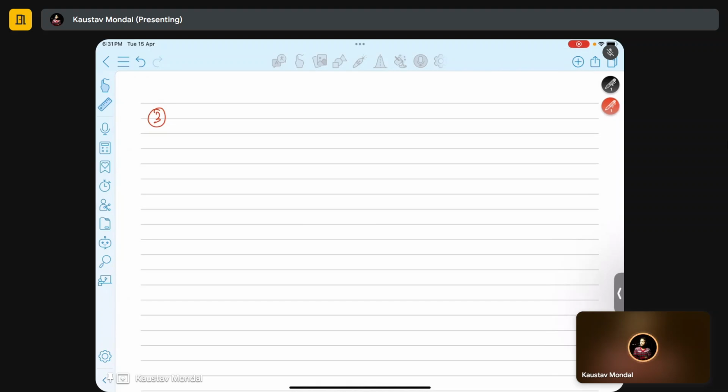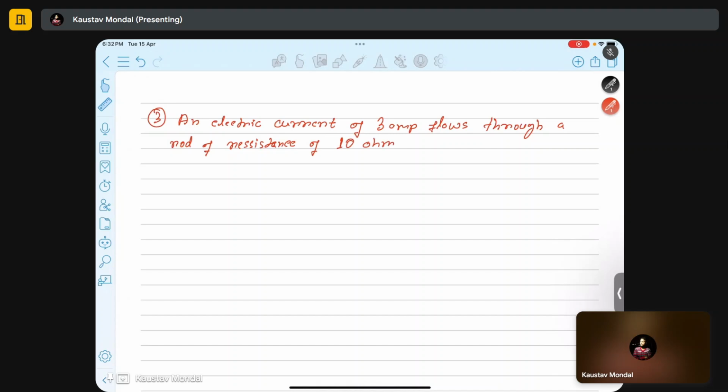So question 3 is: an electric current of 3 ampere flows through a rod of resistance of 10 ohm.